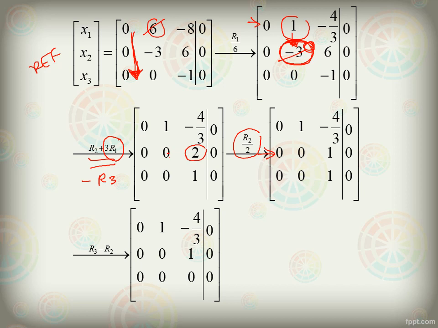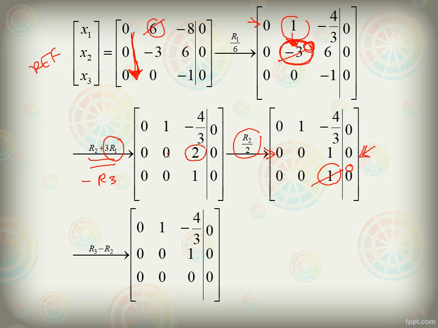Alright. In this stage, we're still not done yet, because we need to reduce this to 0. With the same reason, to satisfy the condition for REF, the next number 1 must appear to the right of the main diagonal 1 of the previous row.